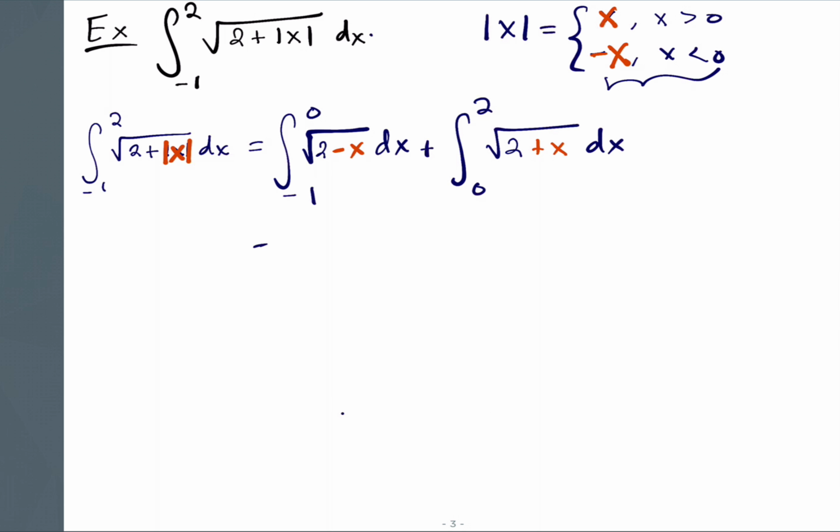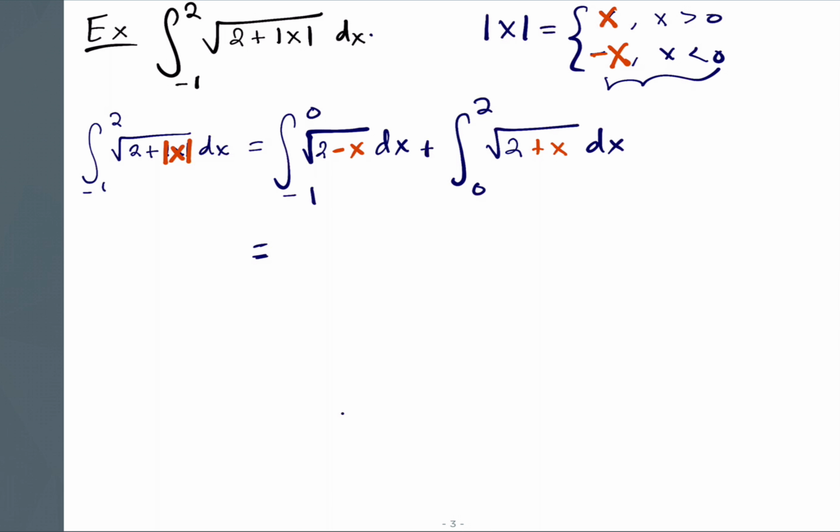Now the antiderivative is a little bit tricky, just because we haven't... it won't be difficult once we do integration by substitution, which we'll do next week. But it's a little tricky because there's stuff inside the radical that's more than just x, right?